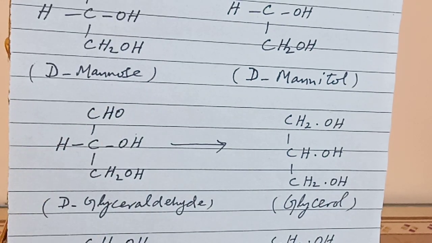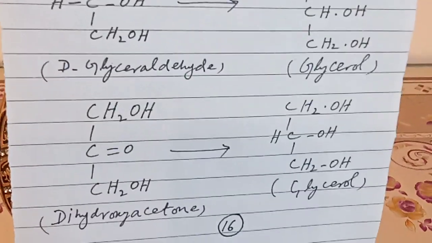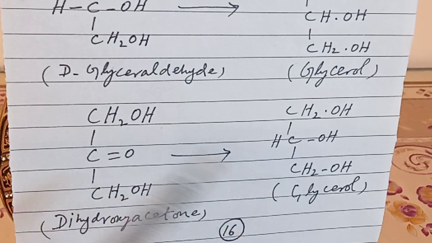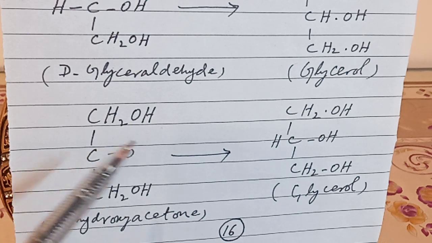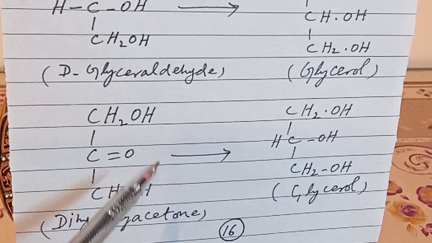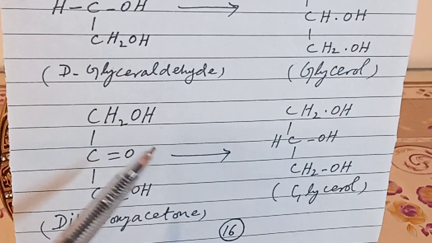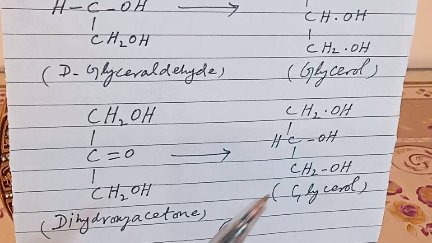Okay, and also the same, dihydroxyacetone will also be converted into its glycerol structure, because the carbonyl group on the second carbon atom of the dihydroxyacetone ketose sugar will be reduced by passing the two hydrogen atoms, hydrogen gas, that will reduce the oxygen and form glycerol.